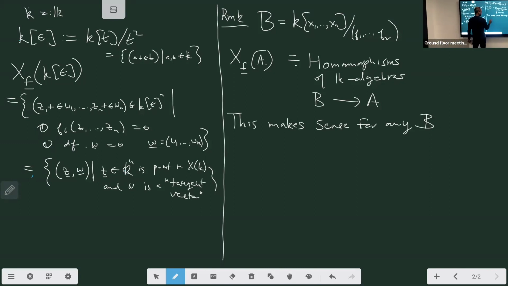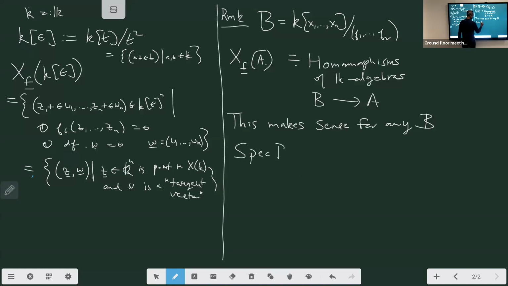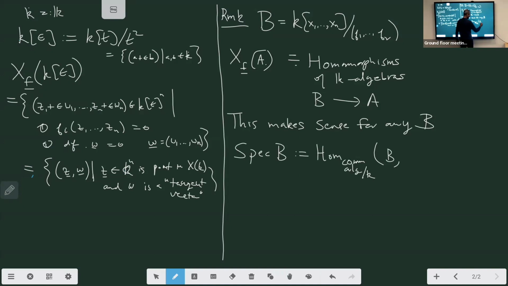So you get a functor. Spec B by definition is the functor Hom, commutative algebras over K, from B to blank, which is a functor from commutative algebras over K to sets.